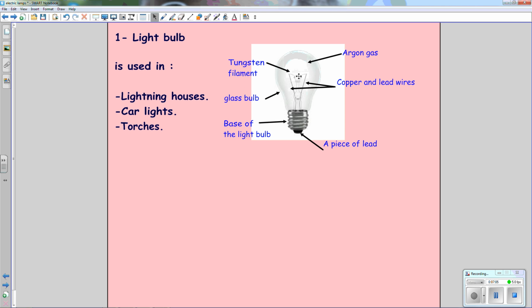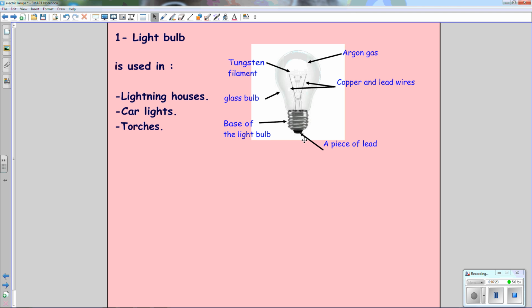You see this thin filament here? It's called tungsten filament. The glass bulb is filled with argon gas, which is an inert gas. We are going to see why we use an inert gas.